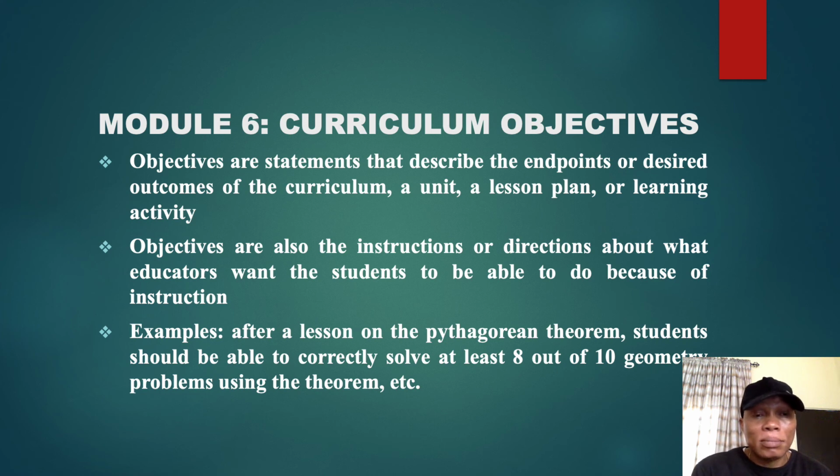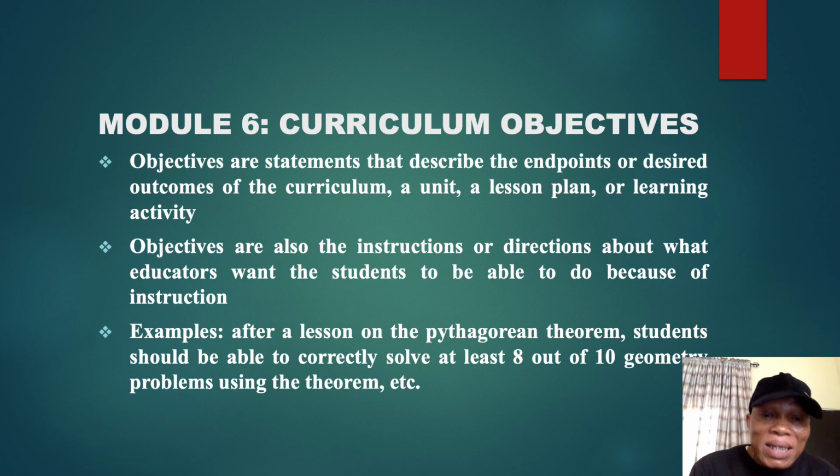Examples abound. There are various types of examples. You get many of them in your book. For instance, after a lesson on the Pythagorean theorem, students should be able to correctly solve at least 8 out of 10 geometry problems using the theorem. After a lesson on living and non-living things, students should be able to list the characteristics of living and non-living things.